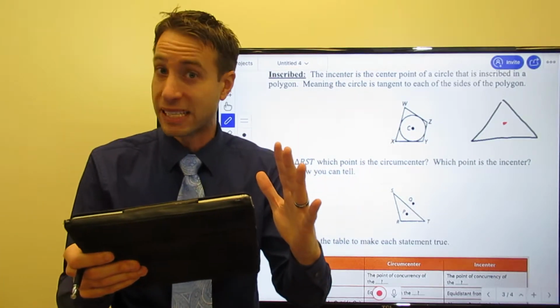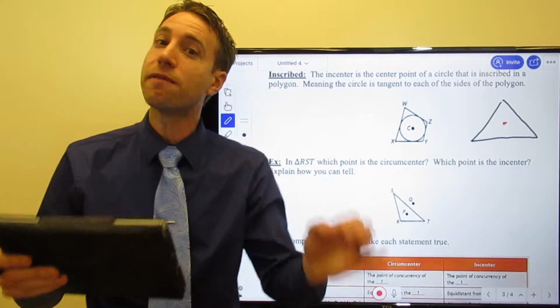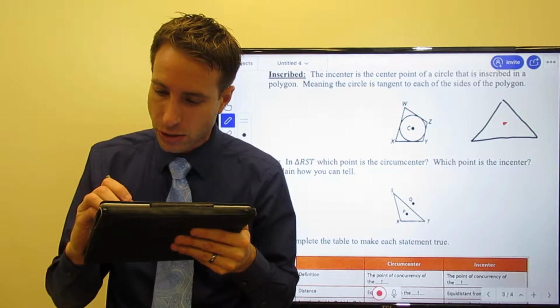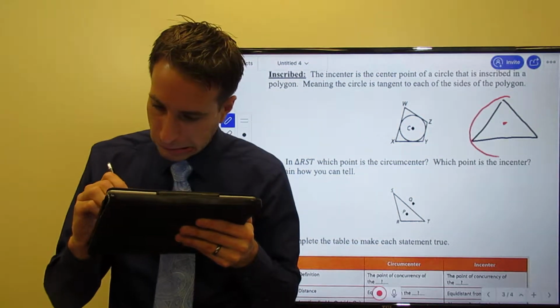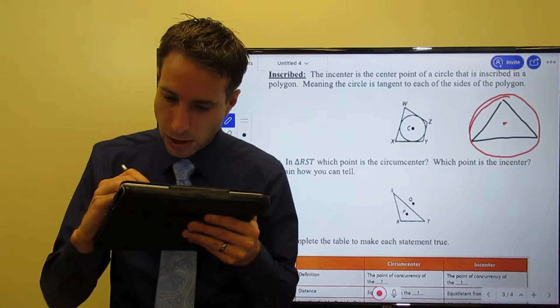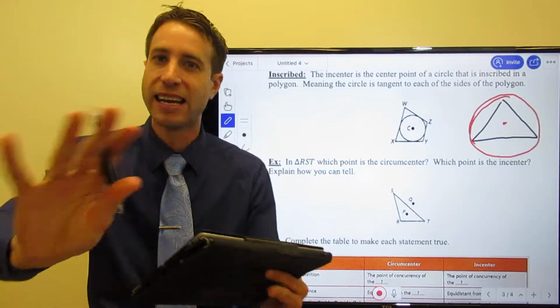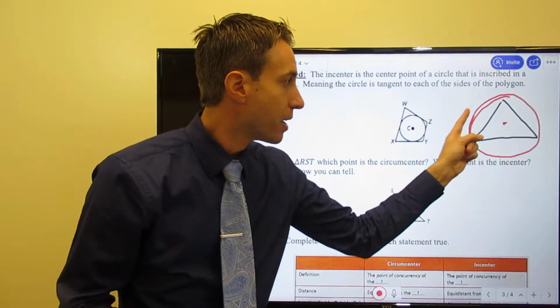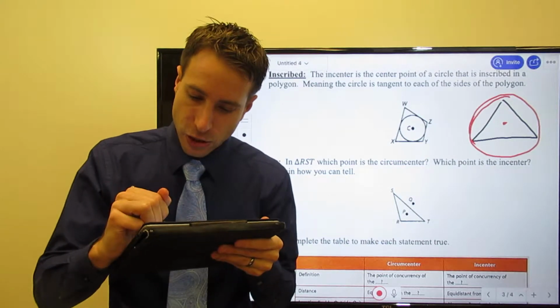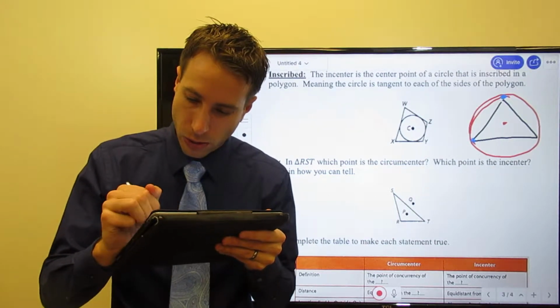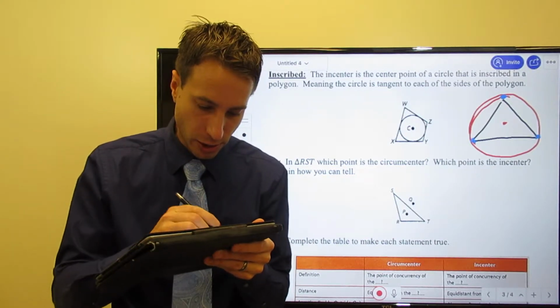The entire triangle is inside the circle, and only the vertices touch the circle.